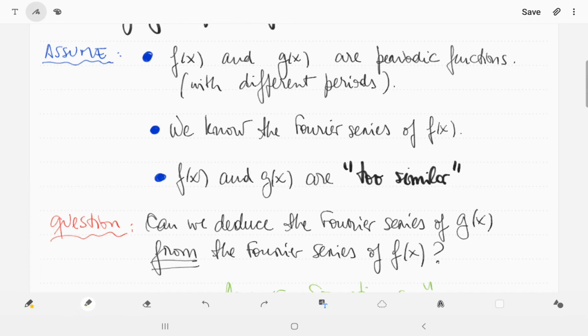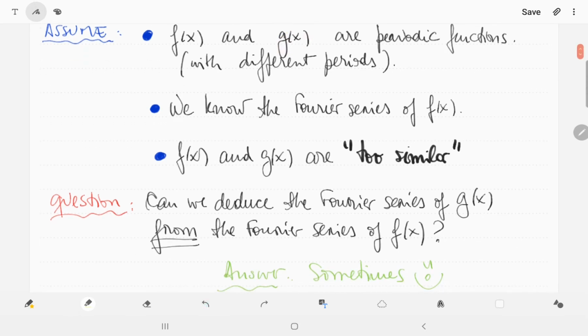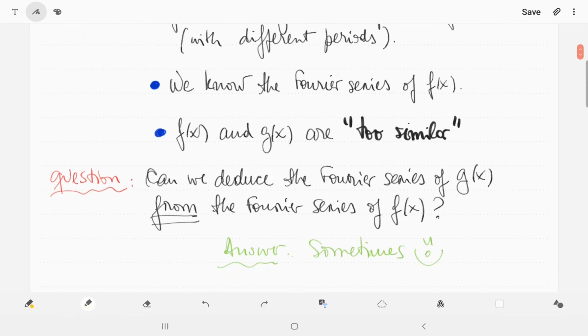If we don't want to do that from zero again for the function g, and we want to recycle the information that we have for f, since f and g are so similar, we are going to see an example where we actually can do this recycling.